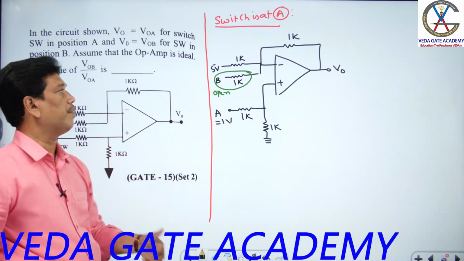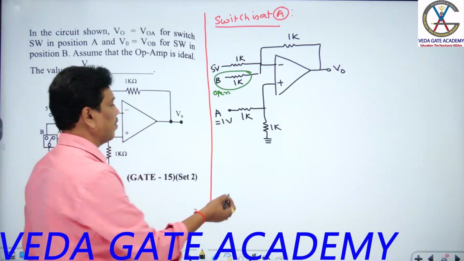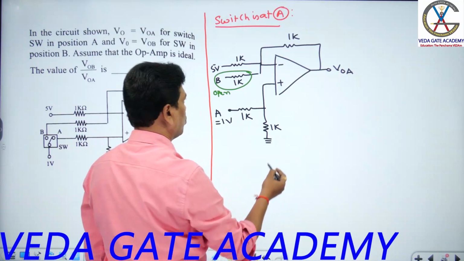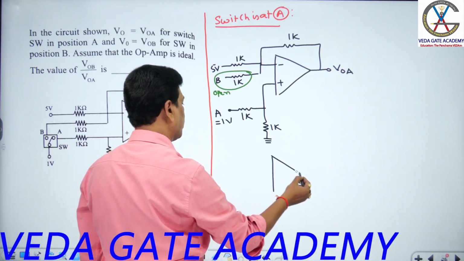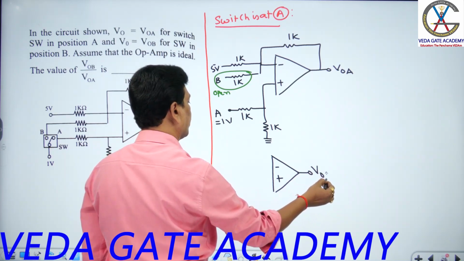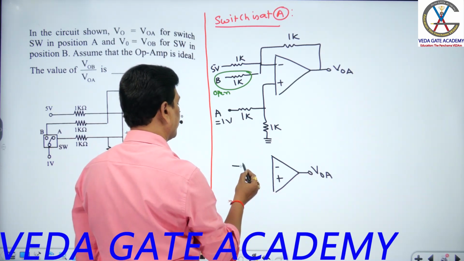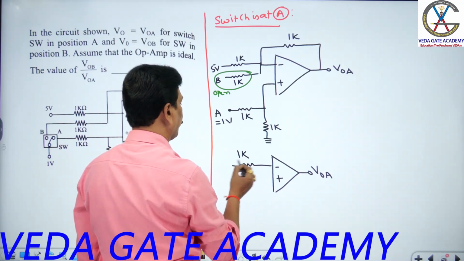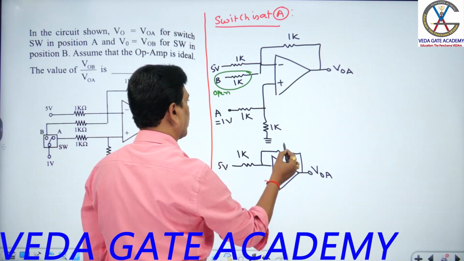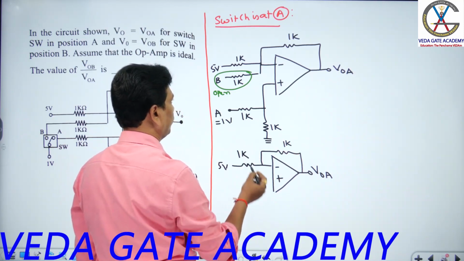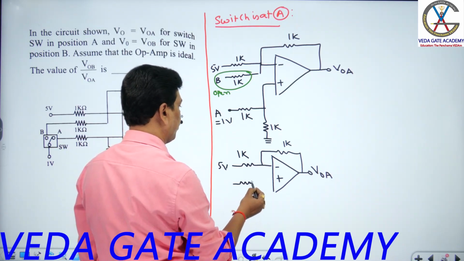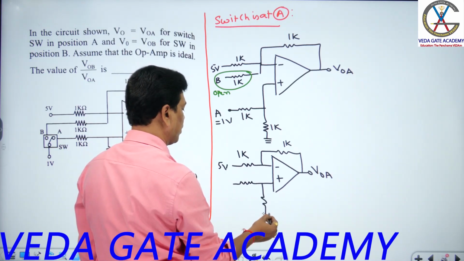If you want, you can redraw the circuit like this. This is V0 A, with 1K, 5 volt, 1K. This one is open, no use.